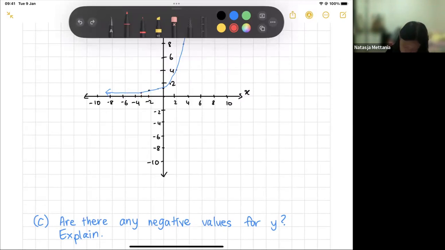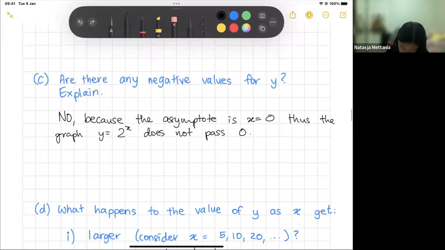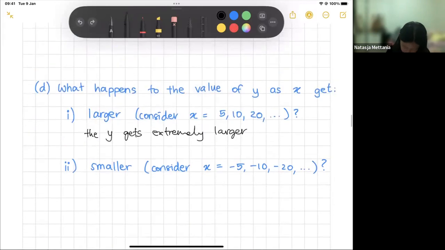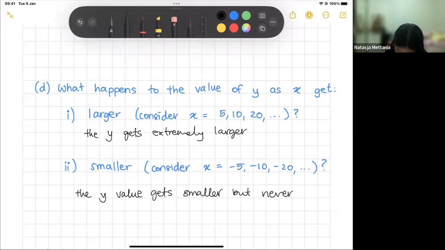So what you're going to write down is very simple: the y value gets smaller, but never reaches 0. Never reaches, never passes.